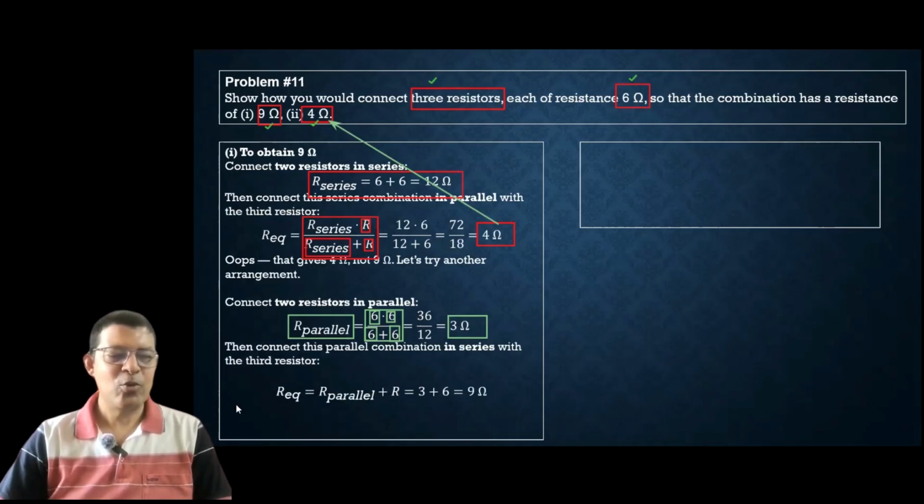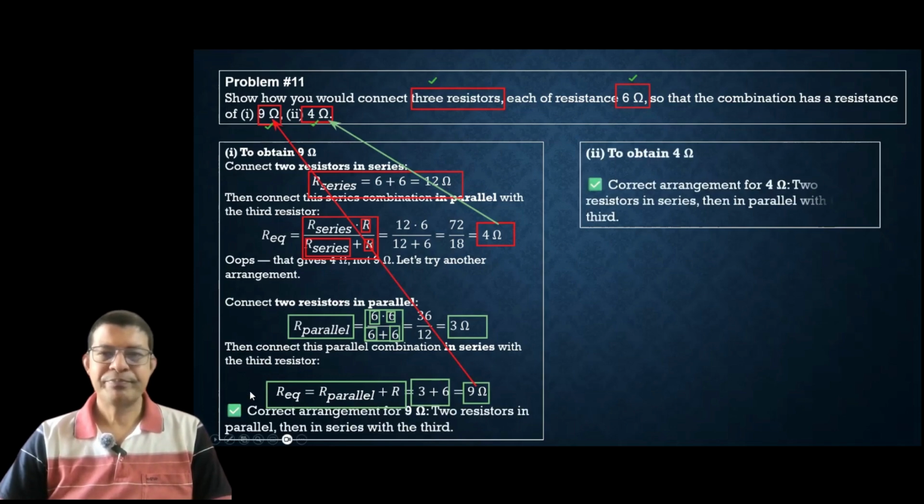You connect it in series. 3 plus 6, you get 9. Right? So we got both our answers. Okay, we got both the expected questions, whatever has been asked, we got the solution.